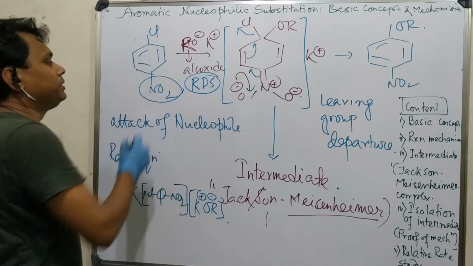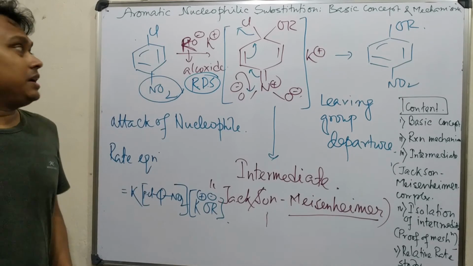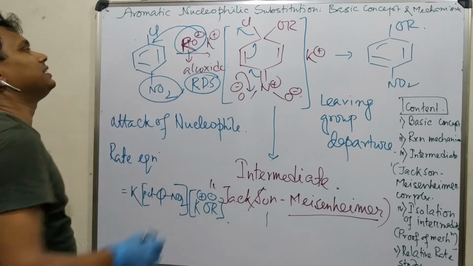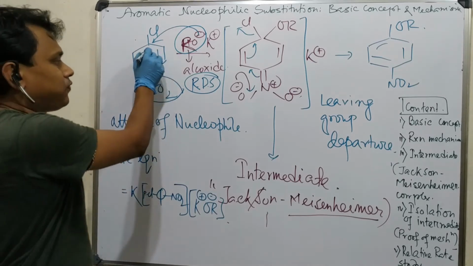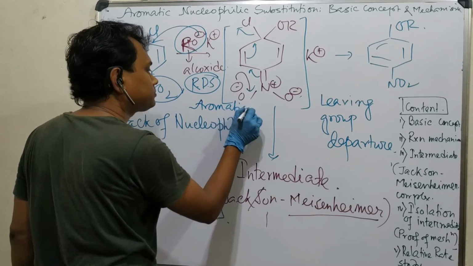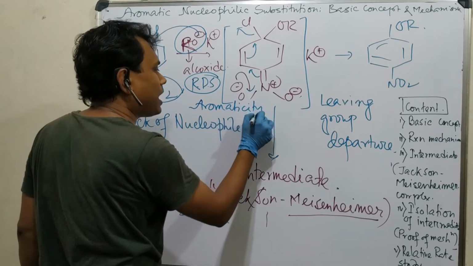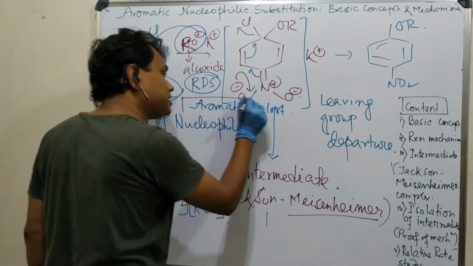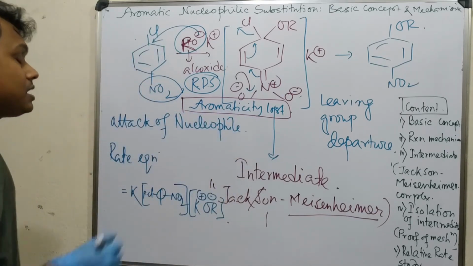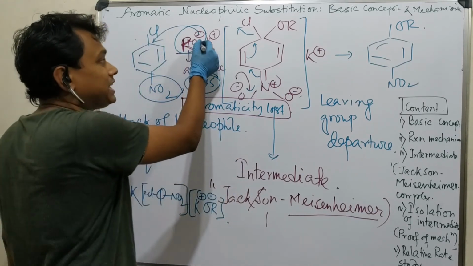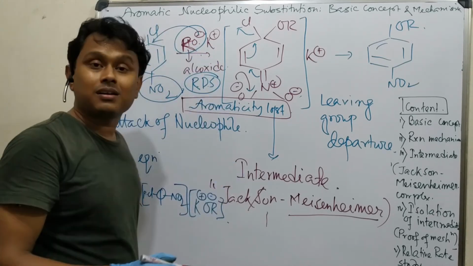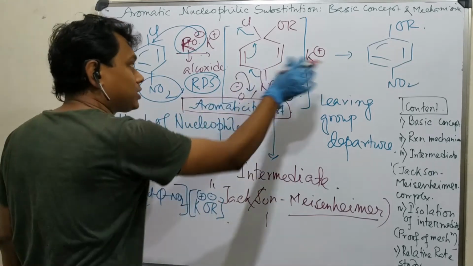Why? Because here the nucleophile is attacking at this center, and for this process aromaticity is lost. Because of this attack, we expect that the corresponding energy of activation for this process will be higher, and this part will be slower compared to this.